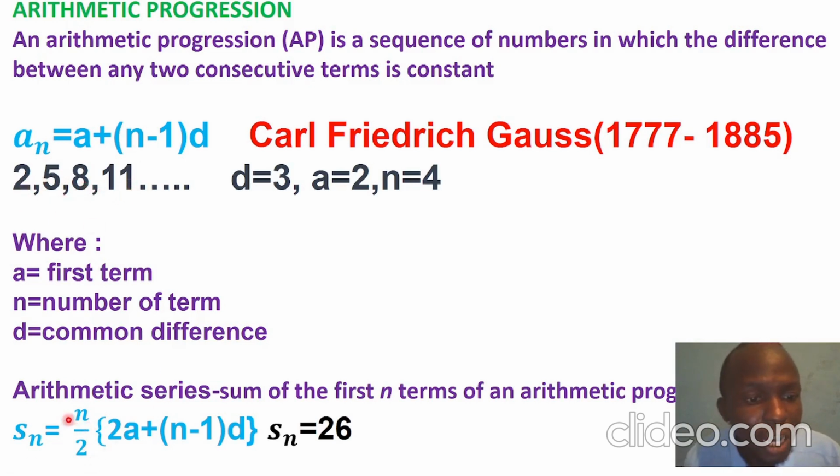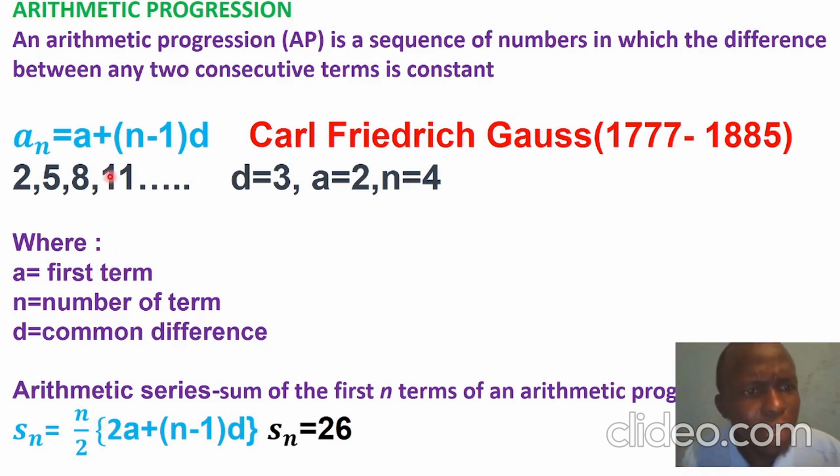We can apply this formula, or rather, we can just sum them manually. 2 plus 5 plus 8 plus 11. 2 plus 5 is 7, plus 8 is 15. 15 plus 11 is 26. Here it is. But now I would like you to verify whether it's going to give you 26 by applying this formula here. This formula sums up all the values within that particular sequence.